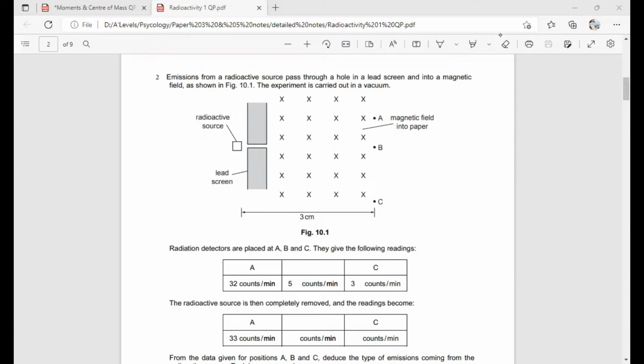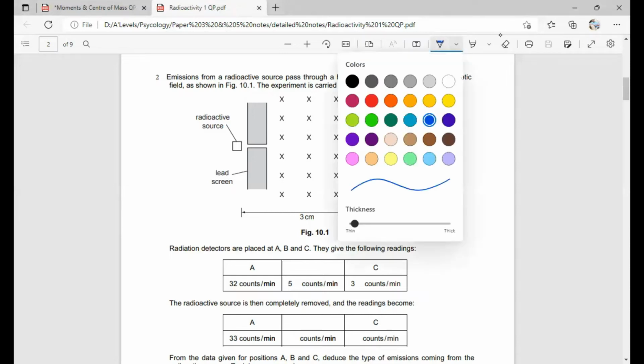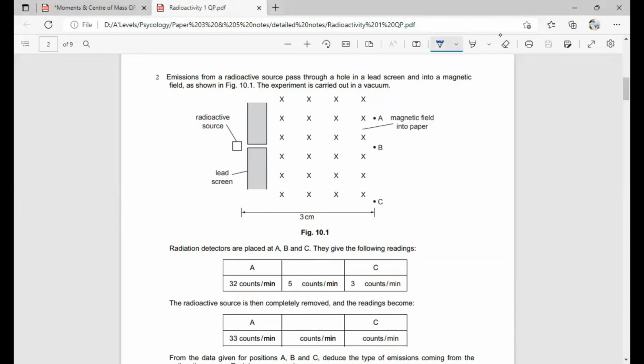Now remember one thing, lead has the symbol Pb. Lead symbol is Pb, atomic number 82, atomic mass 207. So this is the only element which can absorb radiations.